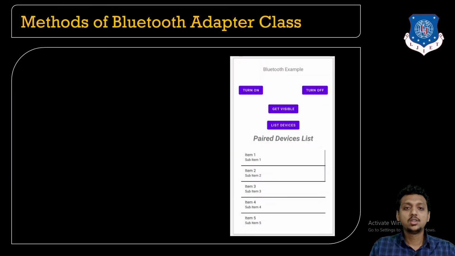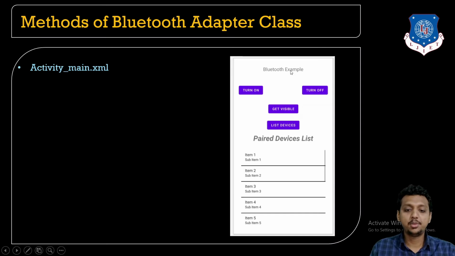Now, students, this is our activity_main.xml file. You can see I have already made a Bluetooth example. This is a text view. Two buttons are there, one for turn on and the second one for turn off. The third button is for get visible, and the fourth is list devices.